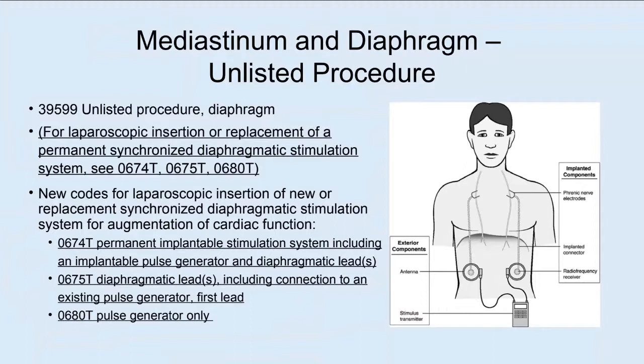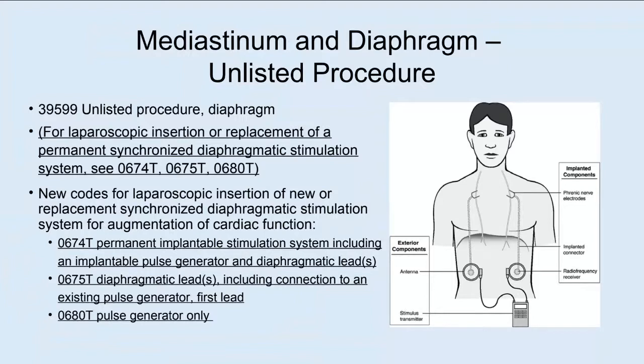So these are new codes for laparoscopic insertion of a new or replacement synchronized diaphragmatic stimulation system. Why do you do that? To augment the cardiac function. So this electrically stimulates the diaphragm in order to keep the cardiac rhythm going. So 0674T, permanent implantable stimulation system, including the pulse generator and the leads.